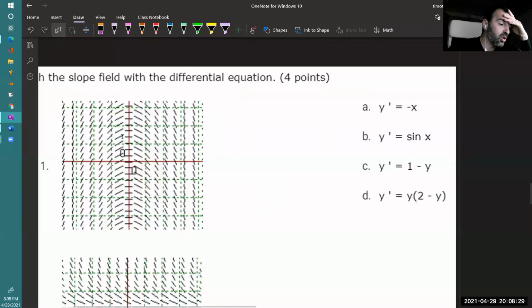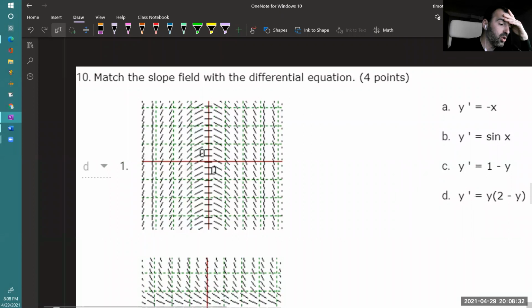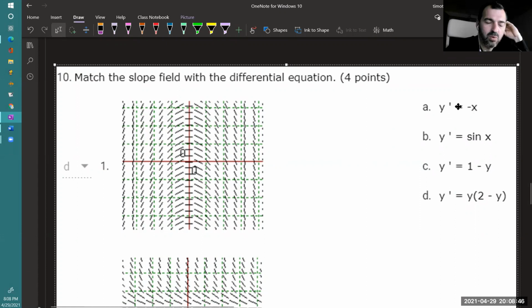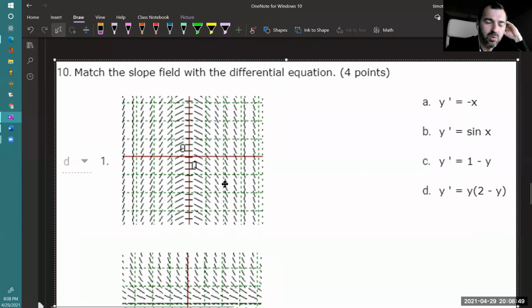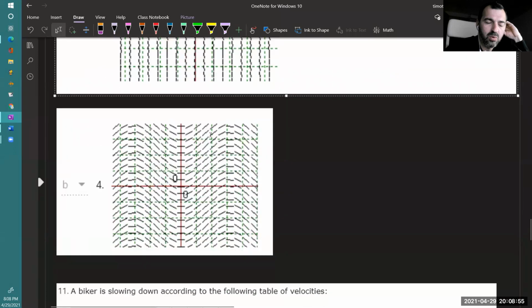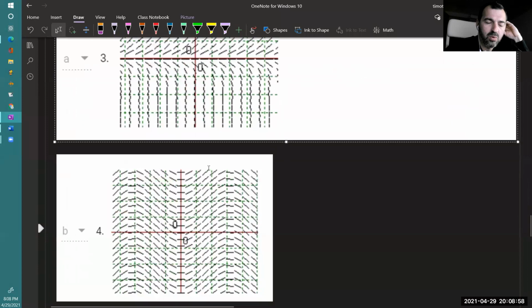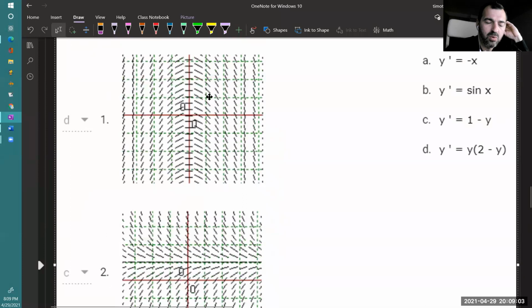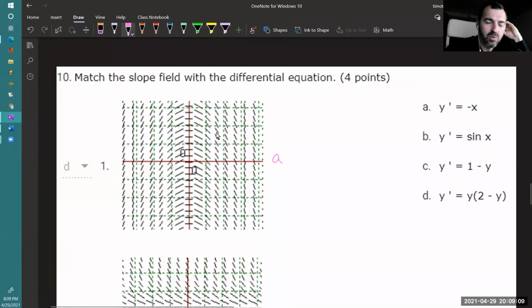Over here, it says match the following slope field with the appropriate differential equation. Now, again, I think these answers are not necessarily correct. Now they might be correct. So here I've got y prime equals negative x. That means the slope is always equal to the negative x coordinate. If I look at my x coordinates here, I believe this one right here is A. Why is that?